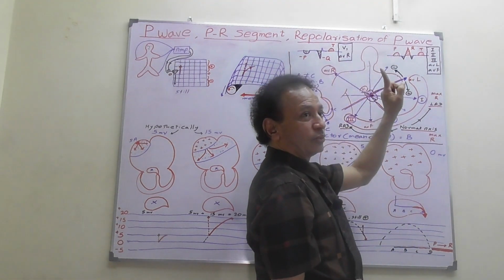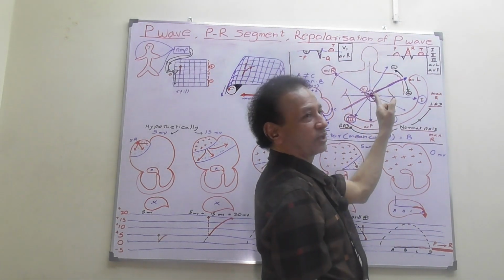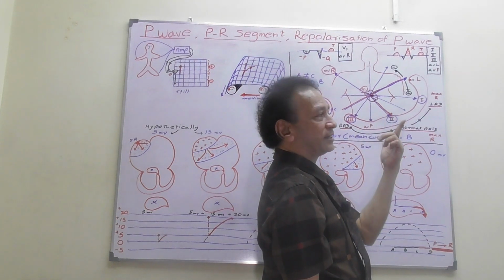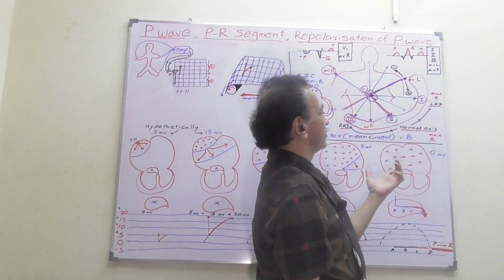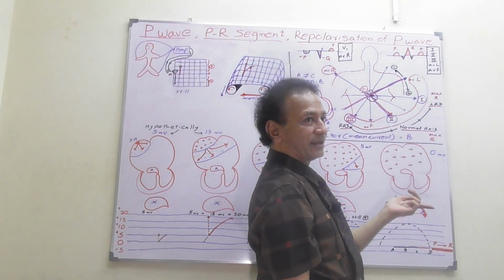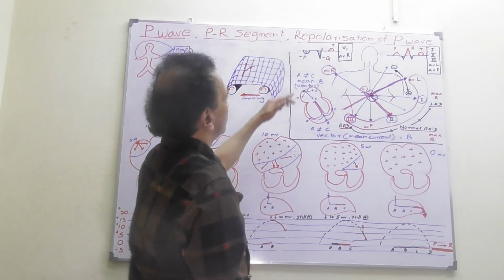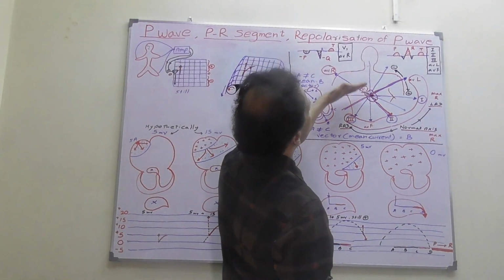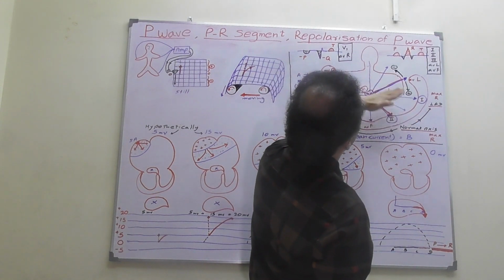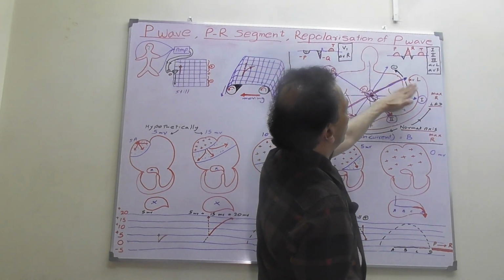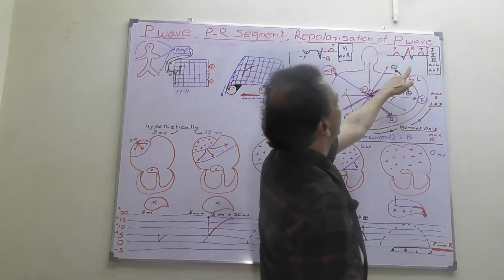I will explain the mechanism of those two waves when I explain the contraction of the ventricles in my next lecture. Likewise, on the opposite side from this line onwards or downwards, in all the leads you get positive waves.